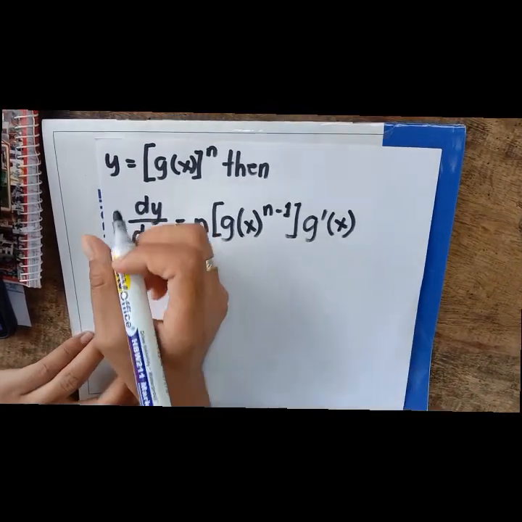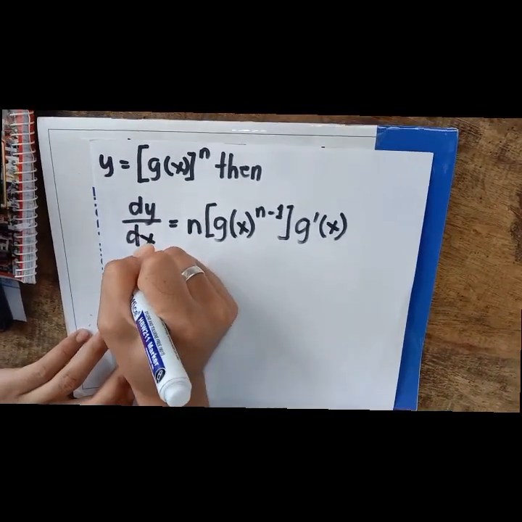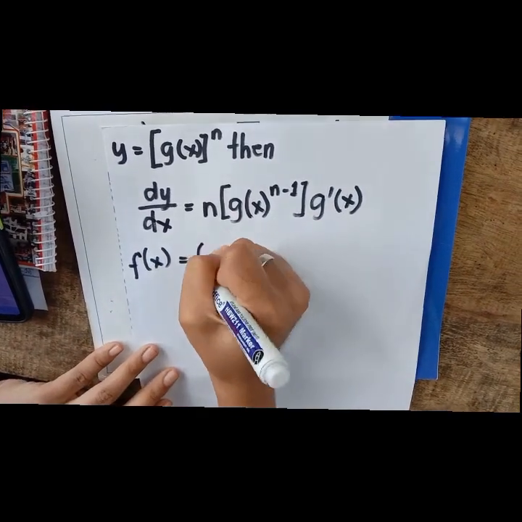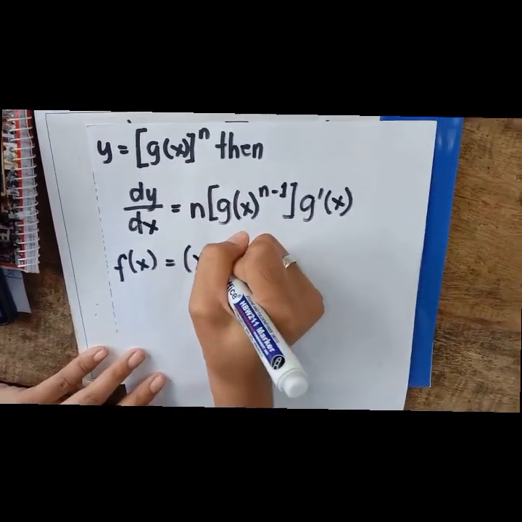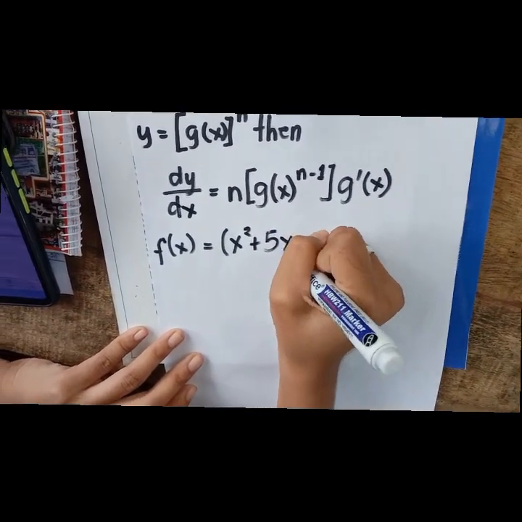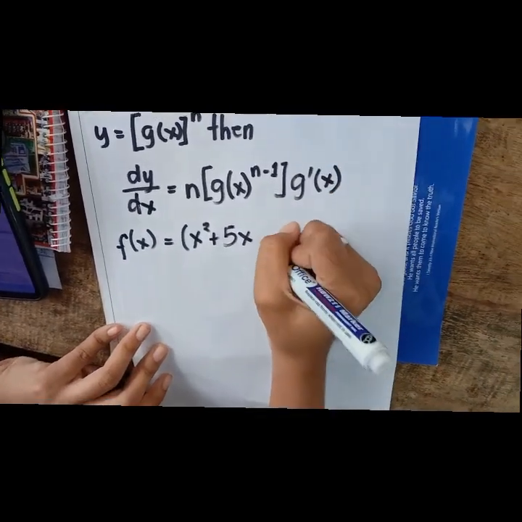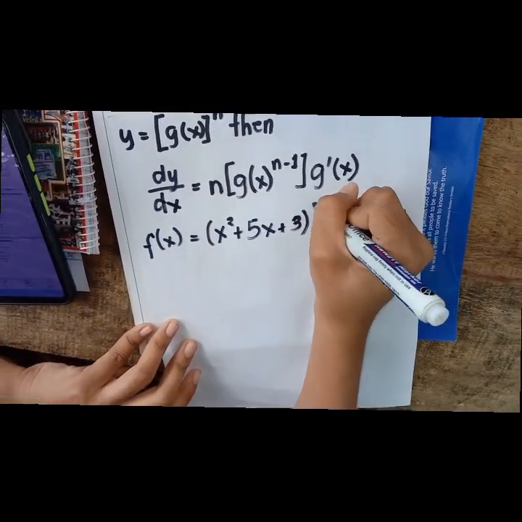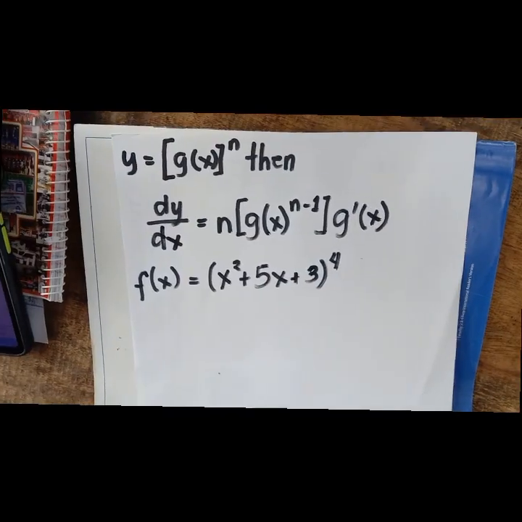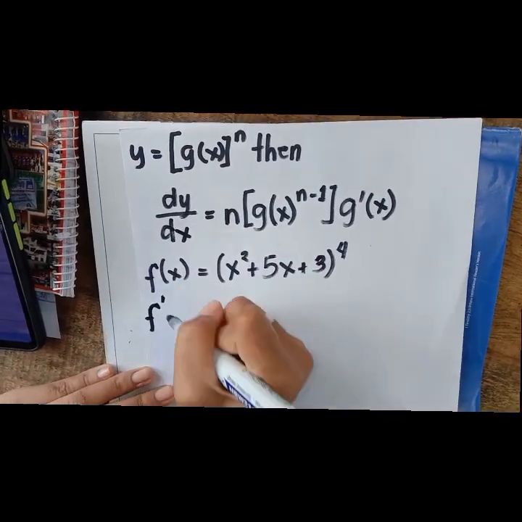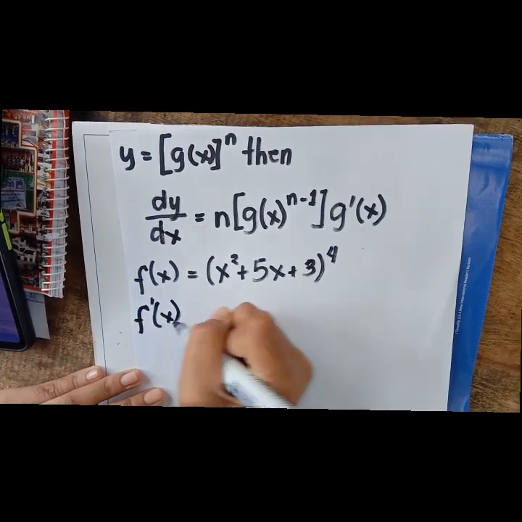So, for instance, f of x is equal to x squared plus 5x plus 3 raised to 4. So, first step, let us find the f prime of x.